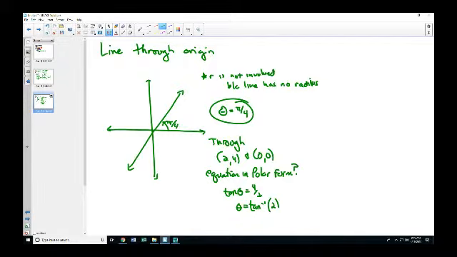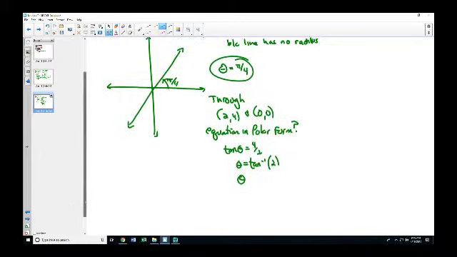What's the tan inverse of 2? 1.107. Okay.